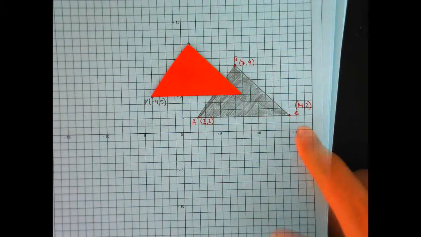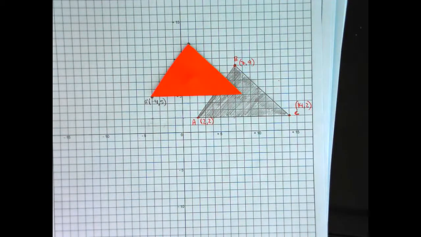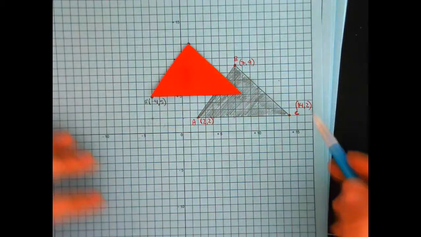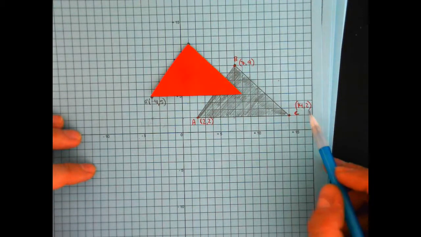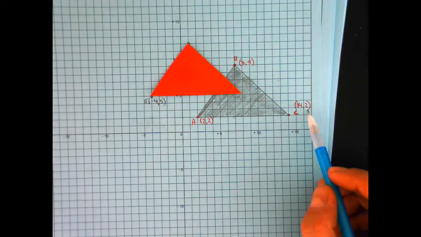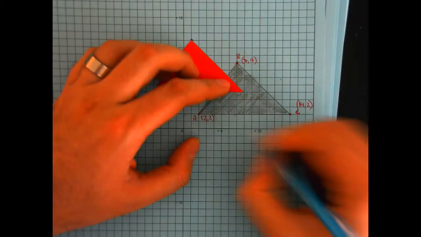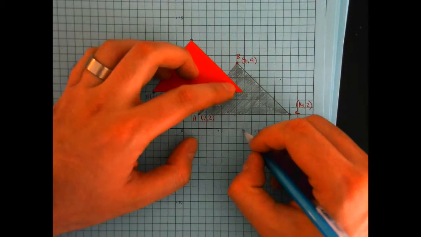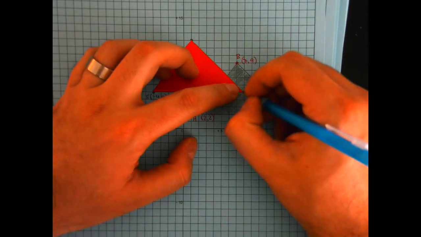And then what about C? What would C prime be if we moved 6 left, 3 up? 6 left, 3 up. It'd be, Mubashir. 8, 5. So 8 is over here and 5 is over there.